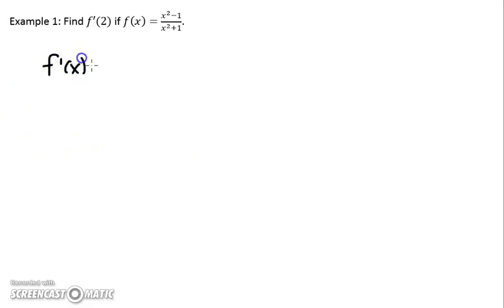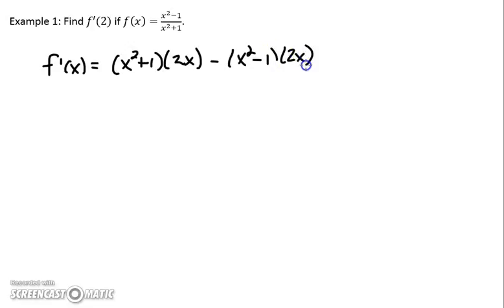So the bottom, low or v, depending on how you want to think about it, x squared plus 1 times the derivative of the top, 2x, minus the top, x squared minus 1, times the derivative of the bottom, 2x, all divided by x squared plus 1 quantity squared.